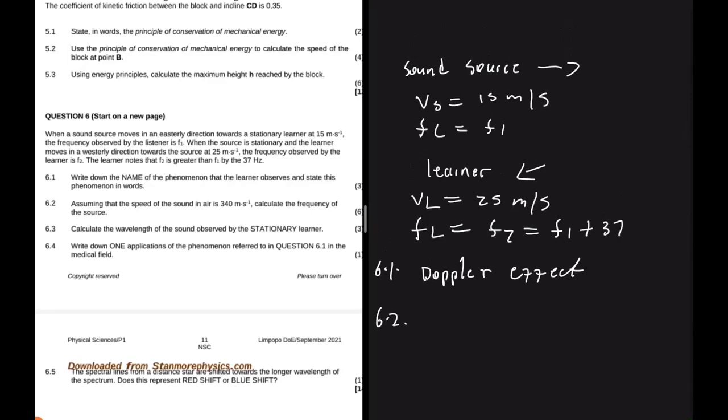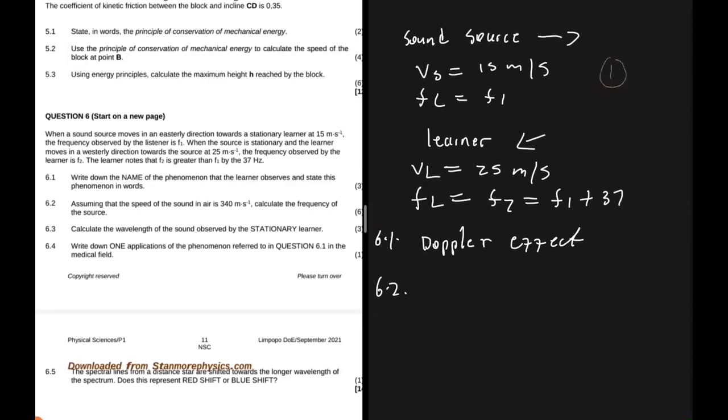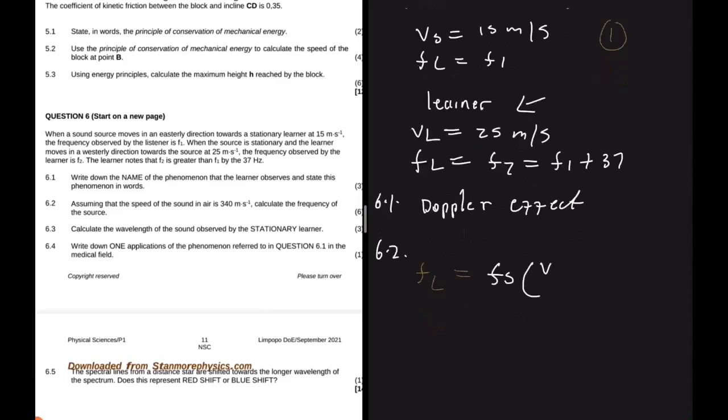So let's start with our scenario 1, where the sound source is moving towards the listener with a velocity of 15 meters per second. We know fully well that the frequency observed equals the frequency emitted multiplied by v plus or minus the velocity of the listener, divided by v plus or minus the velocity of the source.